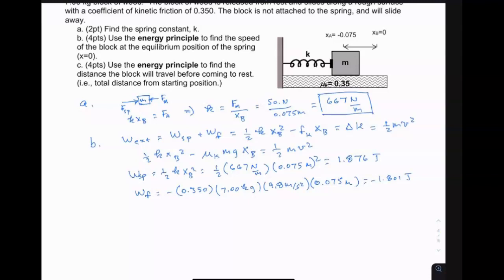So 1/2 mv squared is equal to the sum of the work of the spring and the work of the friction, and that's 0.075 joules.